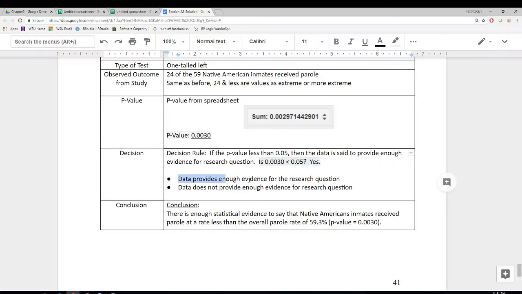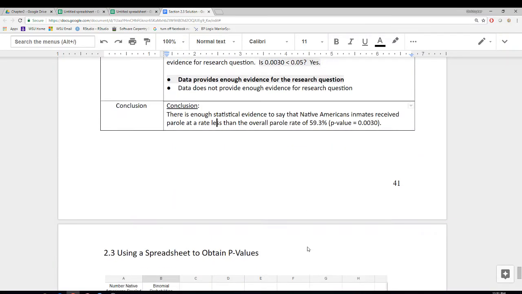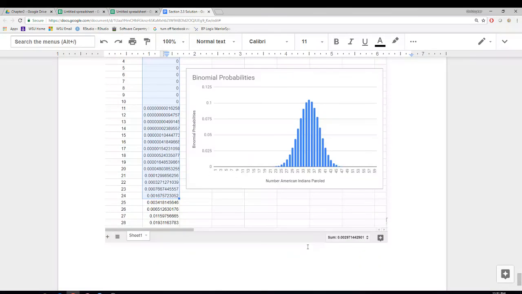So again, I have enough evidence for my research question. My conclusion: there is enough statistical evidence to say that Native American inmates received parole at a rate less than the overall parole rate of 59.3%. So we ended up coming to the same conclusion as we did before.